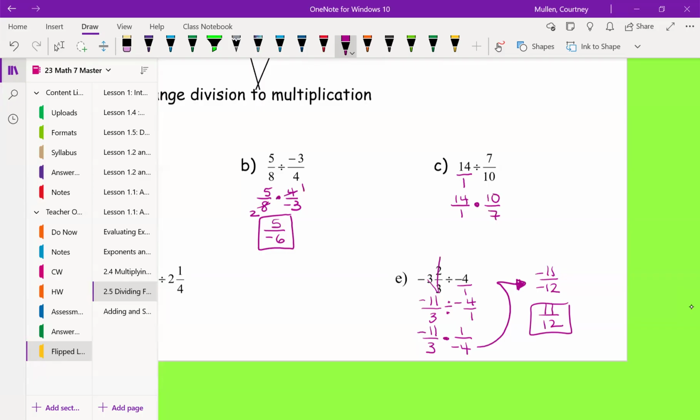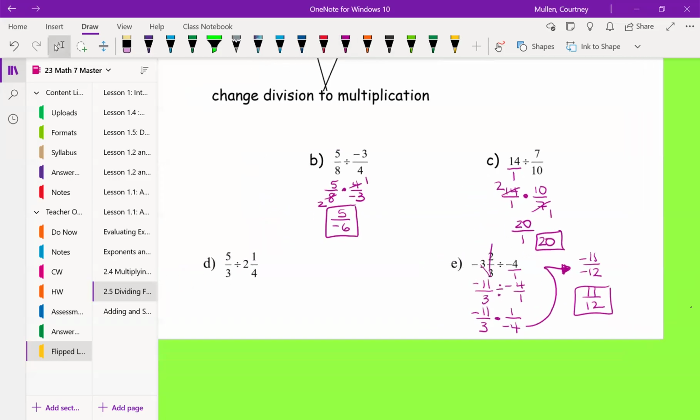Do you see anything that we can simplify? I do too. 7 and 14. 7 goes into 7 once. 7 divides into 14 twice. So we have 2 times 10, which is 20, and 1 times 1, which is 1, giving us a final answer of 20.